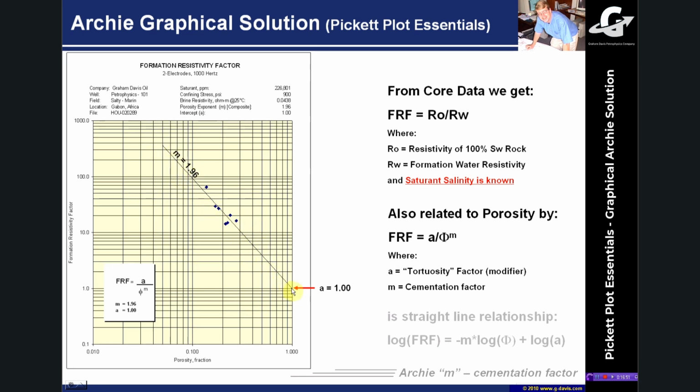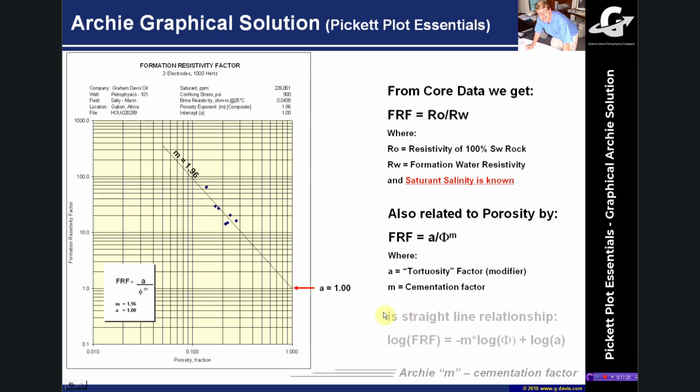The slope of this line is our Archie M gradient again, because FRF, formation resistivity factor, is related to porosity by this equation here, this A term over porosity raised to the power M, where this A term is sometimes called a tortuosity factor, but really it's just a resistivity modifier, and this M cementation factor that we've come across already from the Pickett plots.